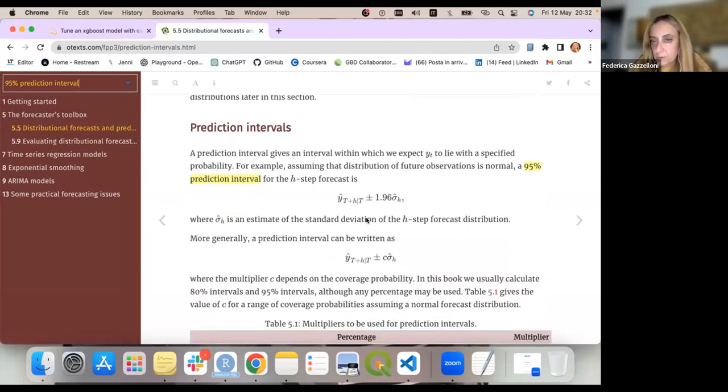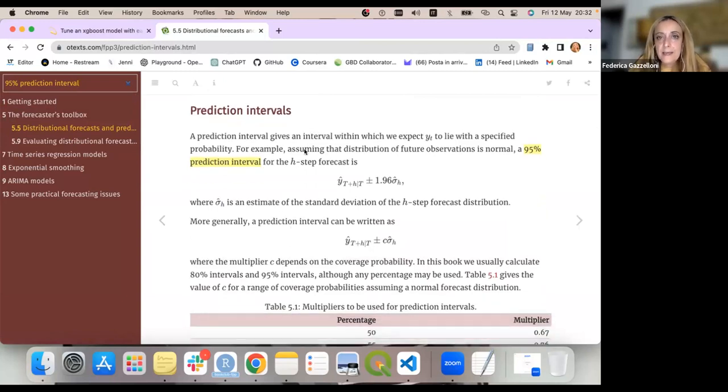We went through these things. A prediction interval gives an interval within which we expect our response variable to lie with a specified probability. For example, assuming that the distribution of future observations is normal, as we assume, a 95% prediction interval for the h-step forecast is calculated with this formula.